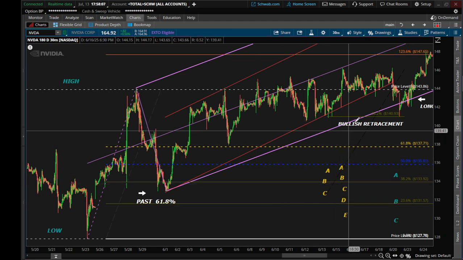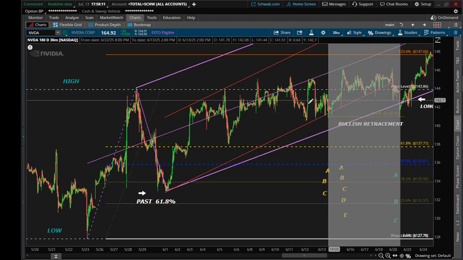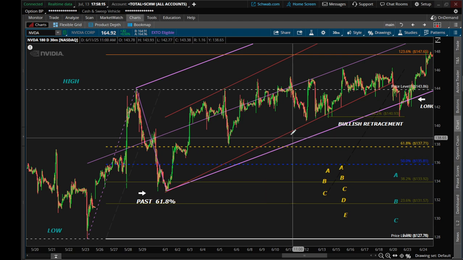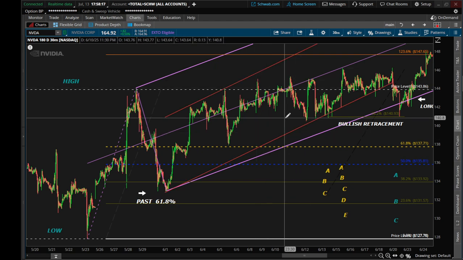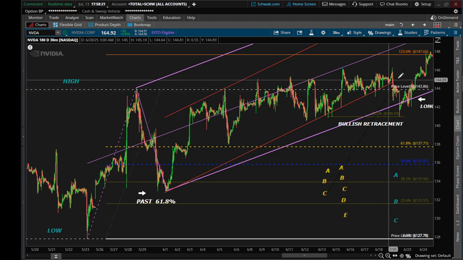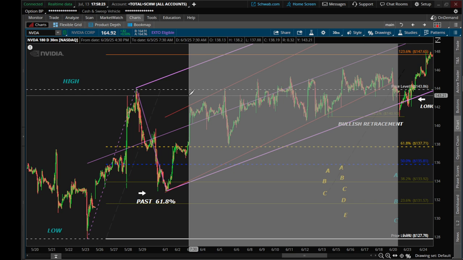Now, to do that, you want to start reading the chart right to left. Okay. Now I drew out these channel lines right here in red. This is telling me from here to here is more of a consolidation than a swing. So this is going to help me find our first wave count.